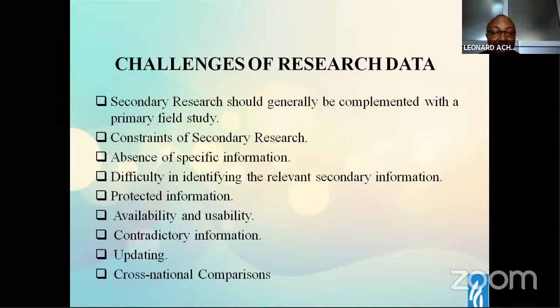We also have availability and usability. We have contradictory information. Most information, all sorts of information, is not updated. And cross-national comparison. When you compare some of this information, there's no basis.